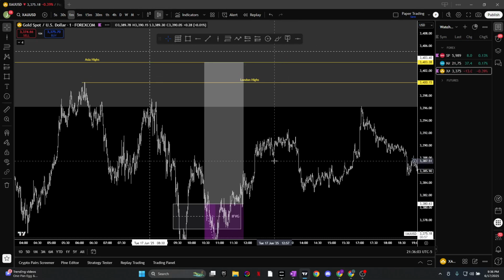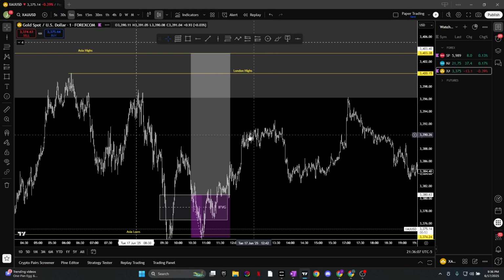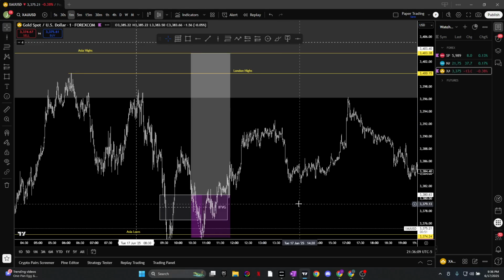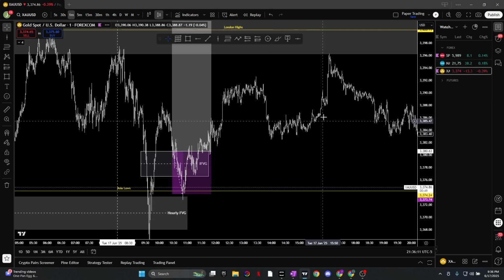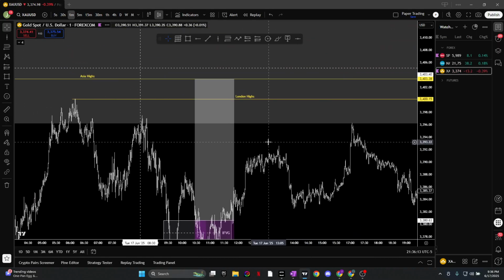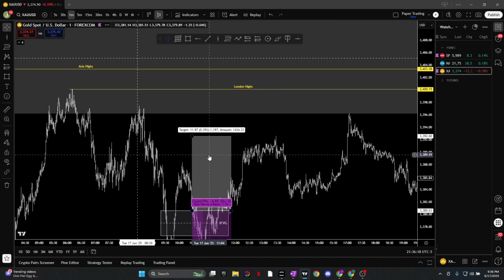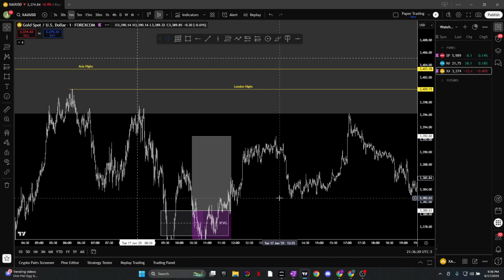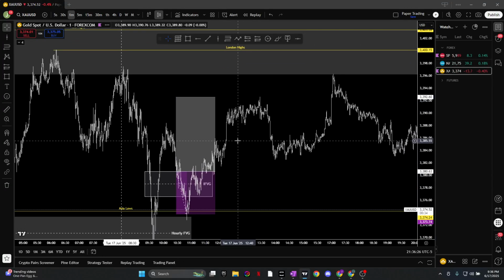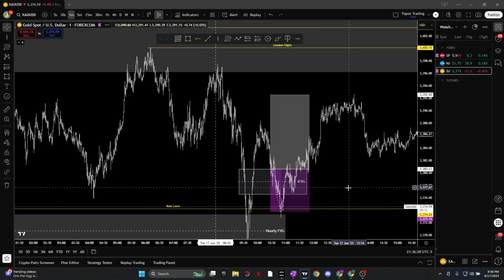I would not have felt comfortable staying in this trade because it's a classic lower time frame accumulation, manipulation, and distribution move. Obviously it didn't affect it that much, but whatever. So this is probably where I would have closed, and I would have been happy with this close. At one point, I would have made about $75-ish off of this, which is perfectly fine. It's better than losing $50, which is what I did today.